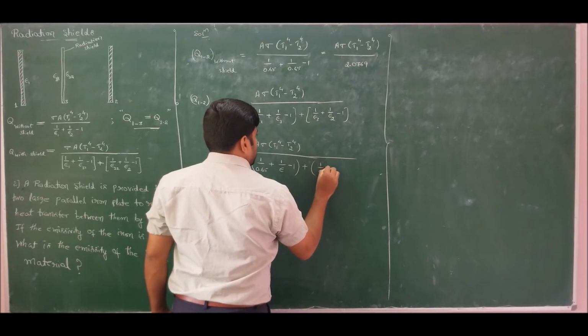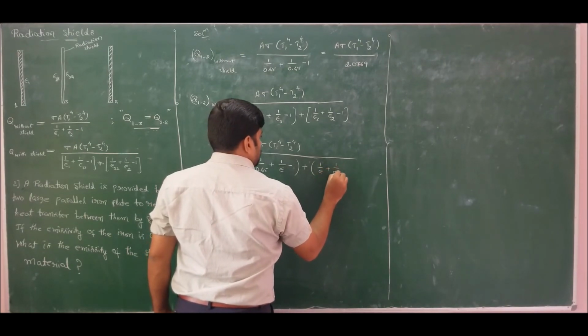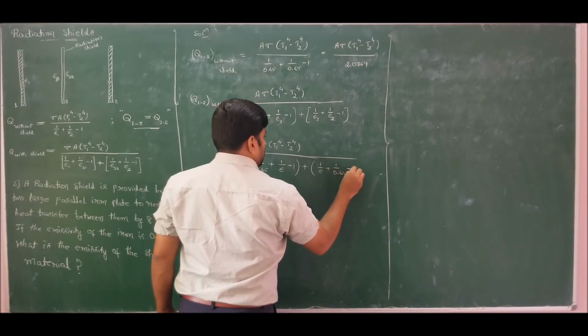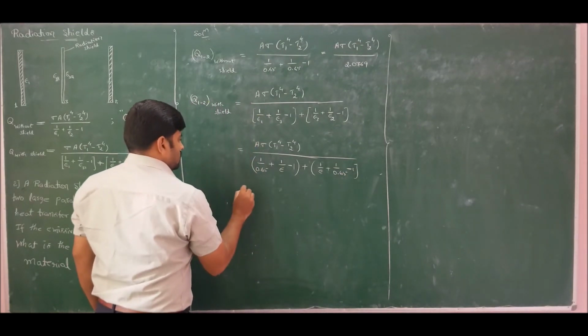Next we have 1 by epsilon plus 1 by 0.65 minus 1.